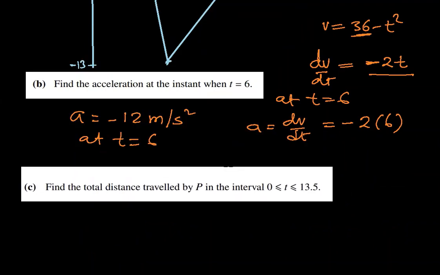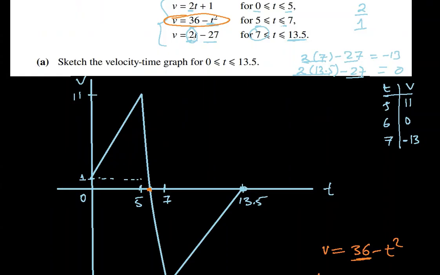Okay, and next one will be this. Find the total distance traveled by P in the interval from 0 to 13.5. Total distance, not displacement. Let's find the area of this trapezium first. I hope you agree that this is a trapezium, this shape. If I find the area of this one, it will be the area under the curve, right? So, what is the area of a trapezium?